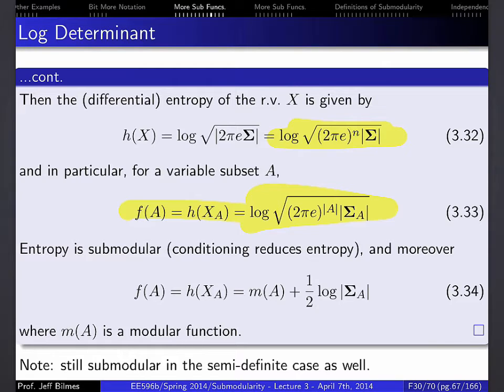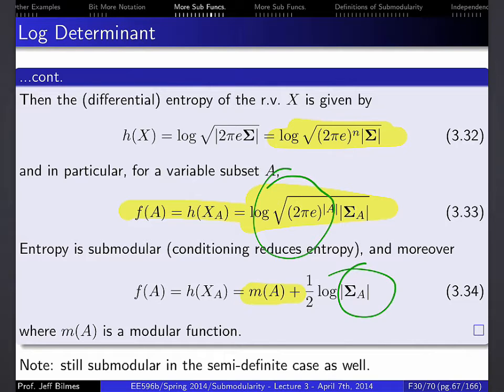But right away, you can see, thanks to the properties of the log, that that's equal to a modular function, which comes from this stuff here, plus 1/2, which is the square root part, times the log of the determinant. And so now we have a function. The log det function is a modular function plus a non-negative constant times the log det function.